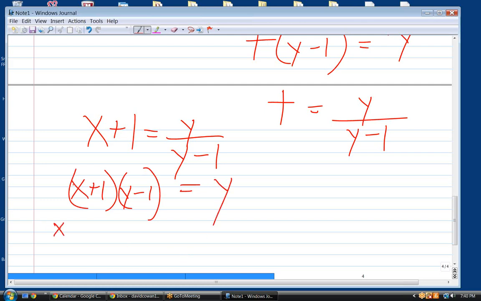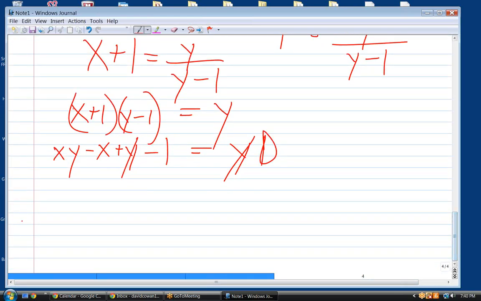This is xy minus x plus y minus 1 equals y. Well, now we got a y there and a y there, leaving 0. So now I got xy. I'm putting everything on the other side that doesn't have a y in it.